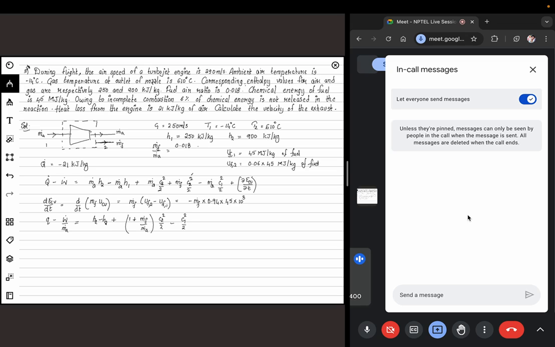Internal energy of the CV is actually decreasing, minus m dot f by m dot a.